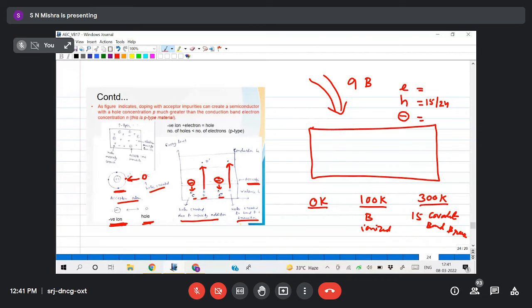Negative ions? 9. All agree with this? So will the holes be 15 or 24? 24. Who said 15? Have you understood why it is 24?